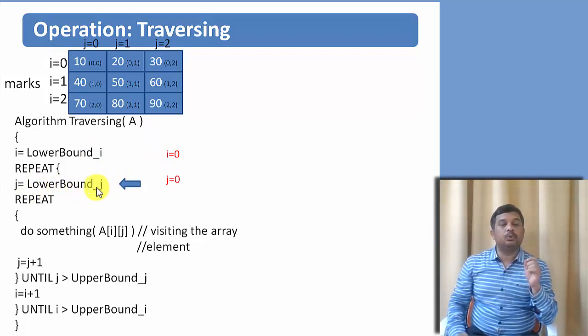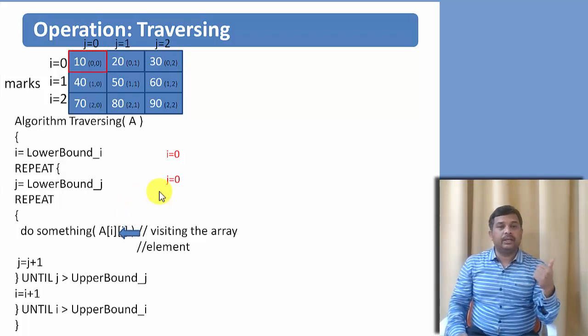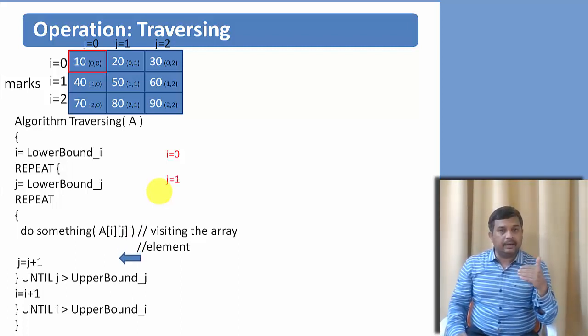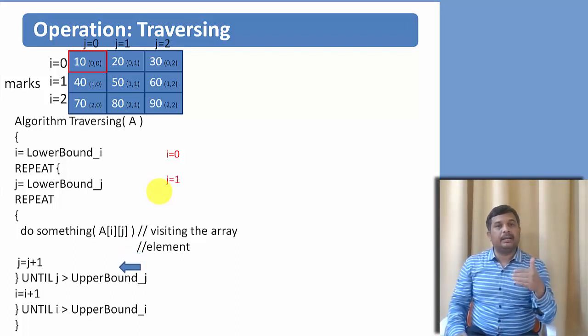For the column, we take the variable j, so j becomes 0. Then we do some work on a[i][j], that is a00, then j is incremented by 1. Now j becomes 1. Again we check the boundary condition, whether j is greater than the upper bound of j or not. If not, we repeat it.